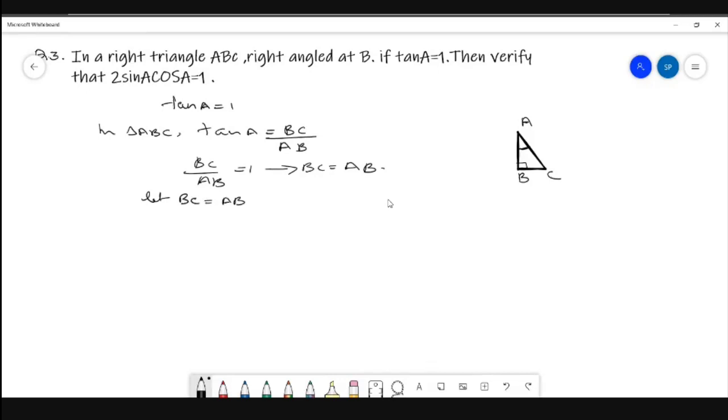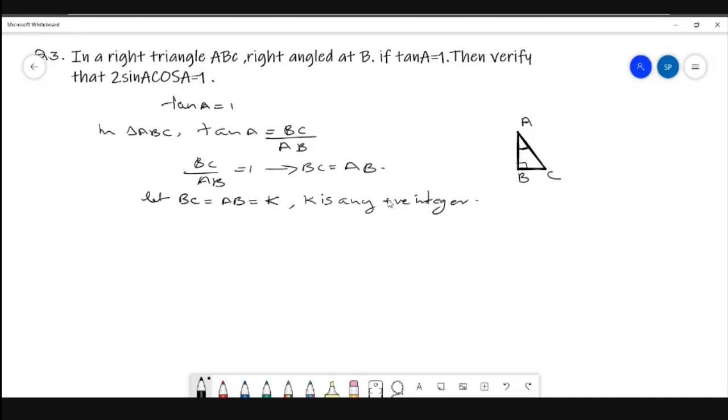BC equal to AB equal to K. Both are equal, so let us take a K, any positive integer. K is any positive integer. Okay. Now let us find the third side.